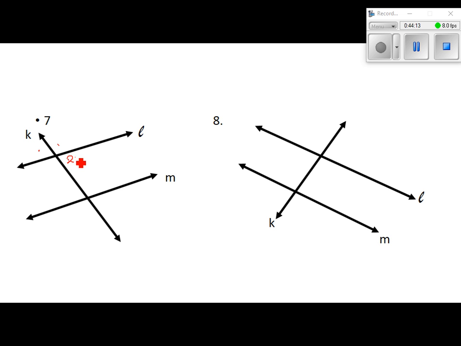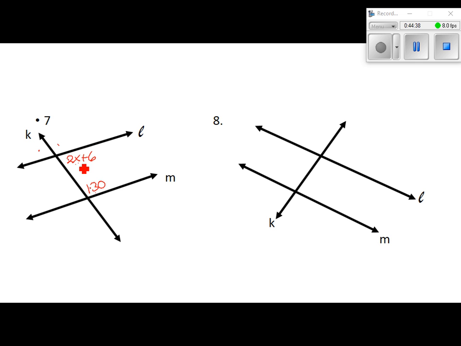2x plus 6. Where's the other one? Tell me the relationship. Right below it, 130. What kind of angles are these 2 angles to each other? Consecutive interior angles, so they should add up to 180.